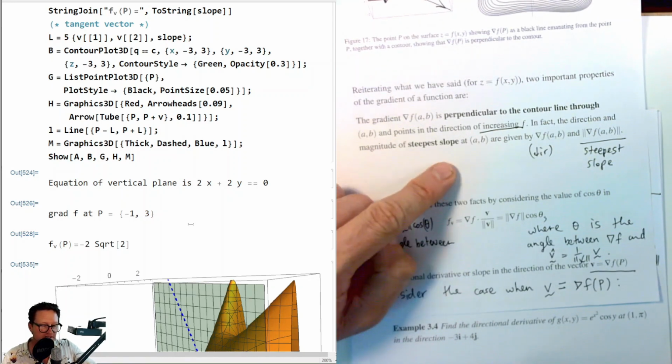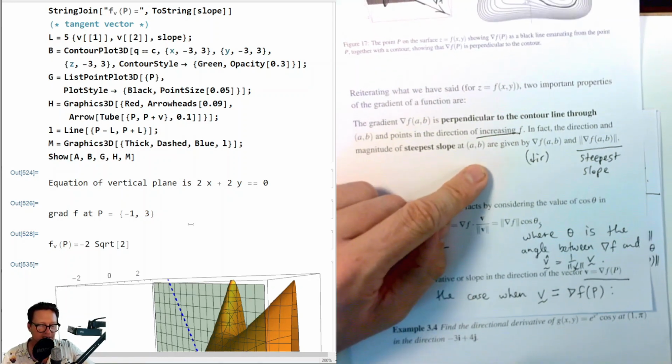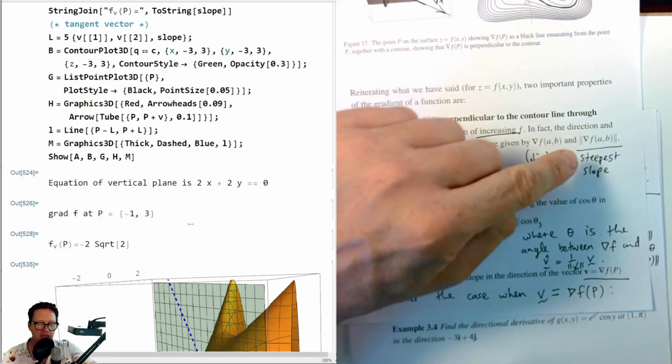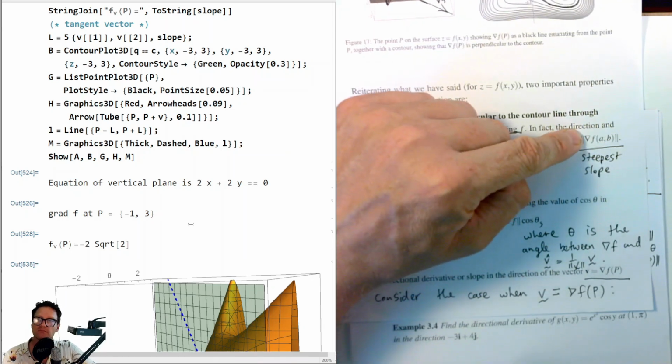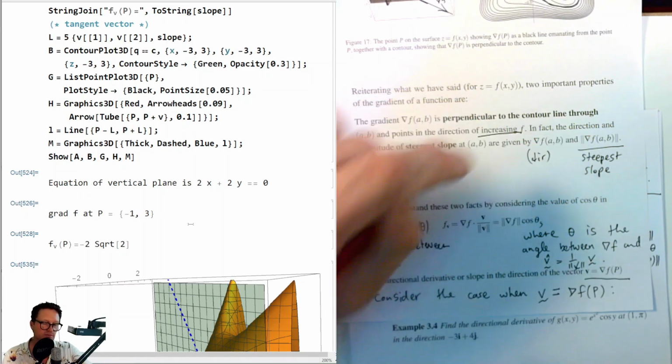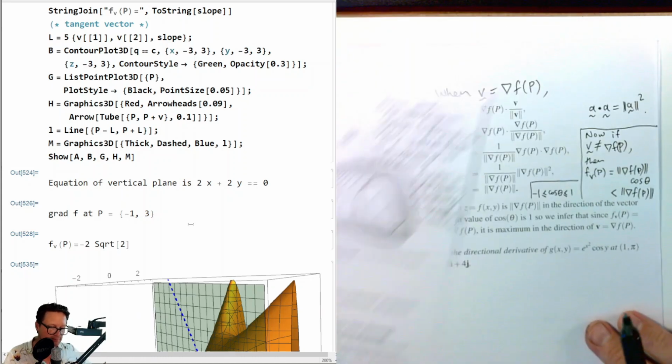The magnitude of steepest slope at the point is given by the direction of this vector, and this value is the value of that slope, the steepest possible slope.